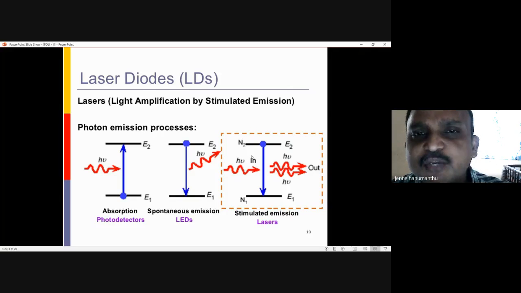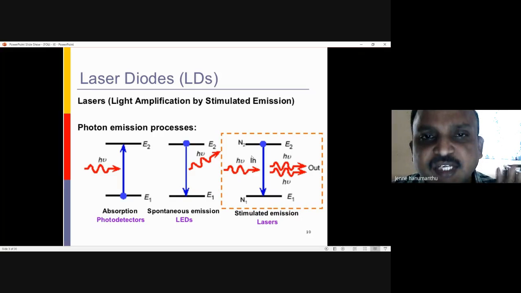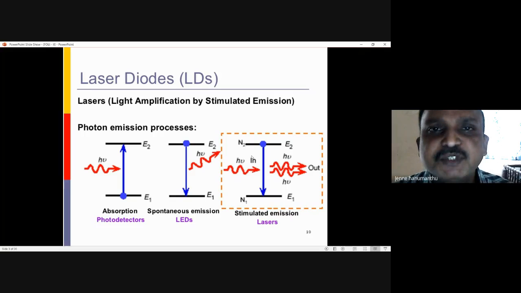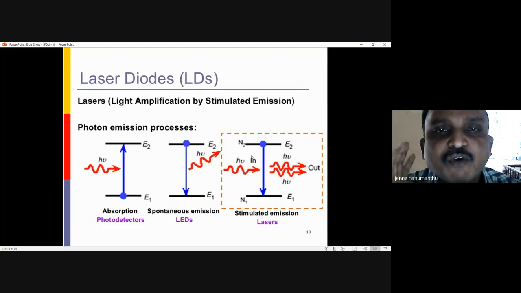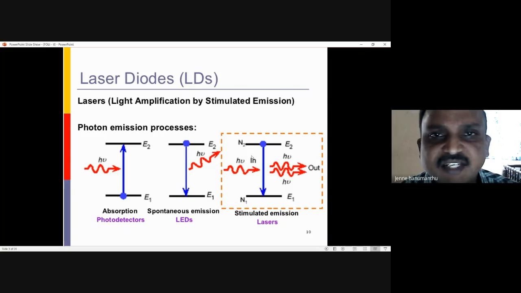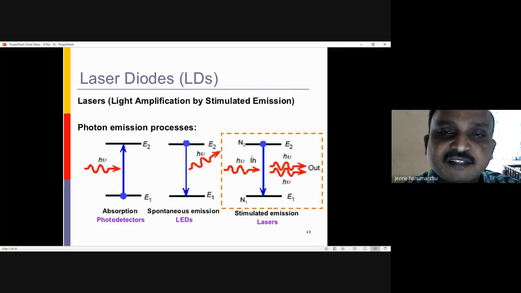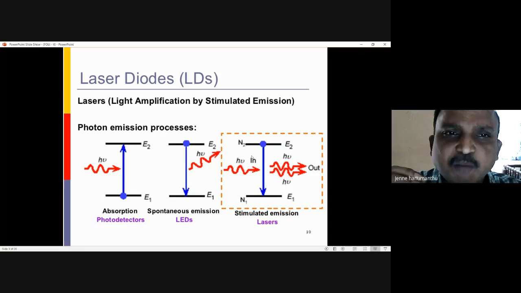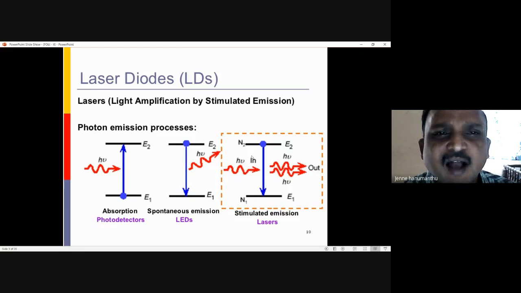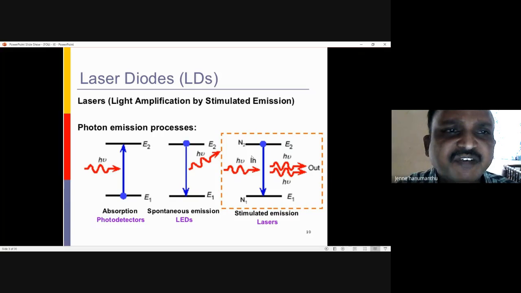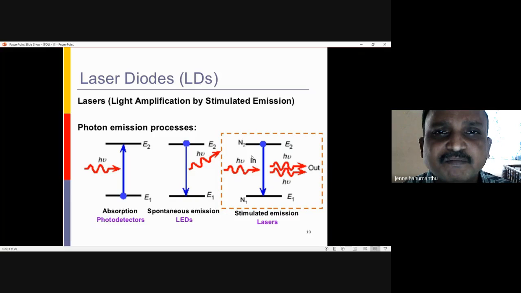So what can you do in order to get useful radiation? Useful radiation is high radiation. When the atom jumps from high to low energy state, we expect high intensity, monochromatic light, and high directionality.